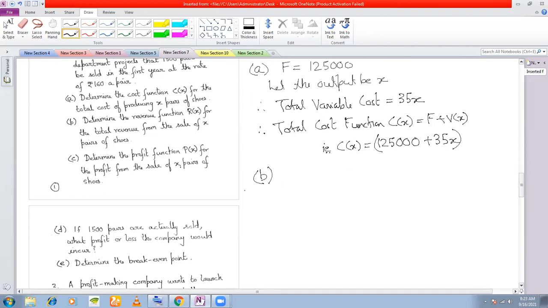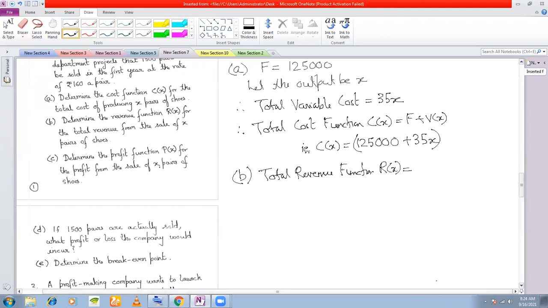Second question. Determine the revenue function for the total revenue from the sale of X pairs of shoes. I've already assumed this to be X. So what is the total revenue function? What is the price per unit here? The price per unit is 160. Therefore, total revenue function R(x). What was the formula for total revenue function?